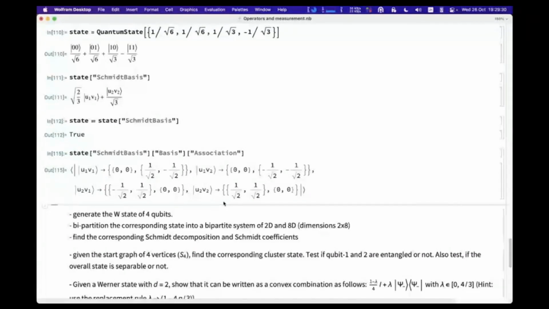That's basically the idea of Schmidt decomposition.